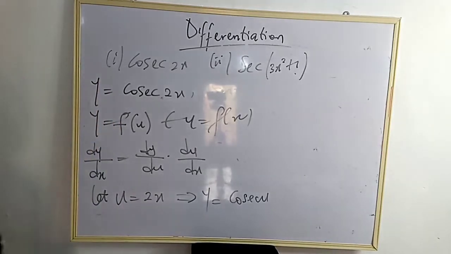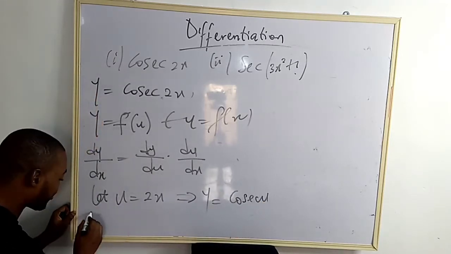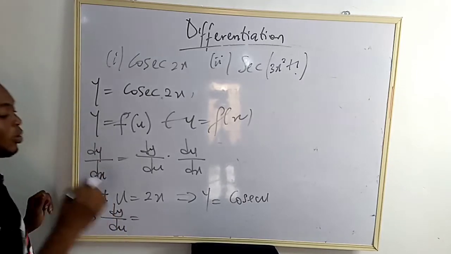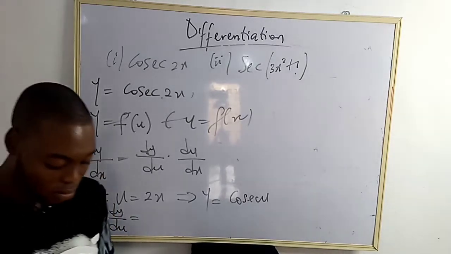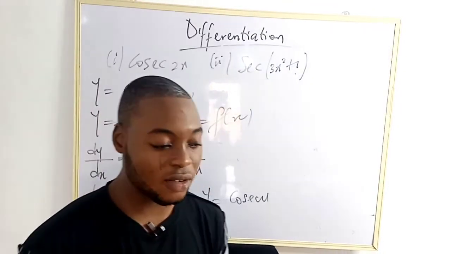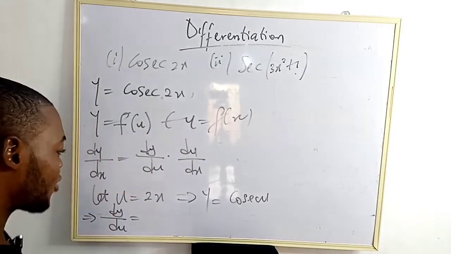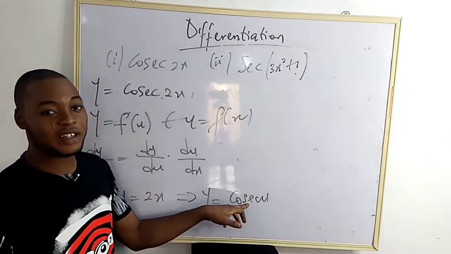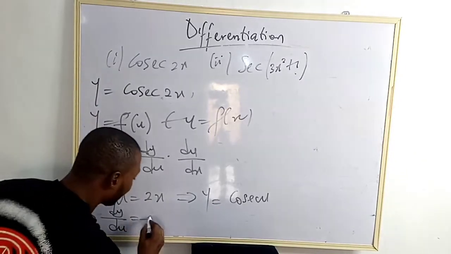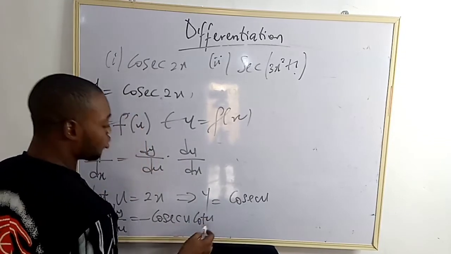Since y equals cosec u, what is the derivative of cosec u? From the last derivative that we have, we know that the derivative of cosec x is minus cosec x cot x. So dy/du will be equal to minus cosec u cot u.